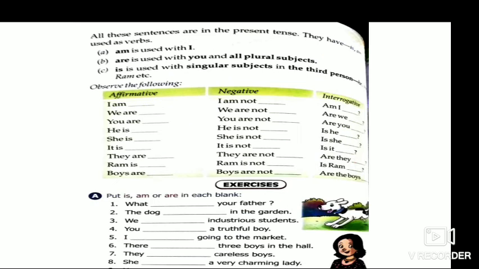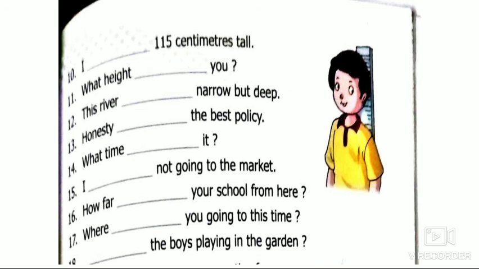And then on the next page, you still have number 10. I dash 115 centimeters tall. I am. What height are you? You should use are. This river, it talks about a particular river, so you should use is. Honesty, singular. Honesty is the best policy. What time is it?